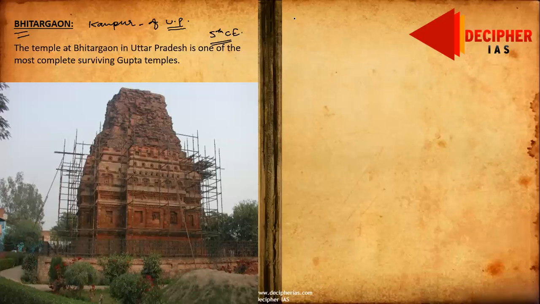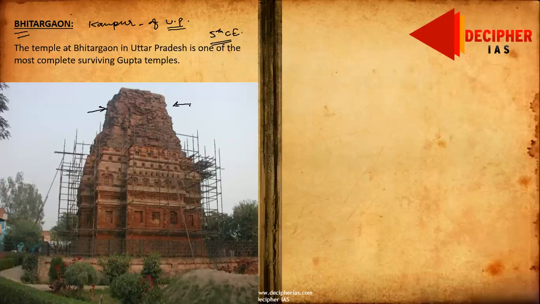Although it is damaged in its upper portion, as I told you, the four-sided and curved Shikhara tower of the temple maintains its Gavaksha, which we discussed earlier, and shallow pilasters which diminish in size as the tower rises to a pinnacle.